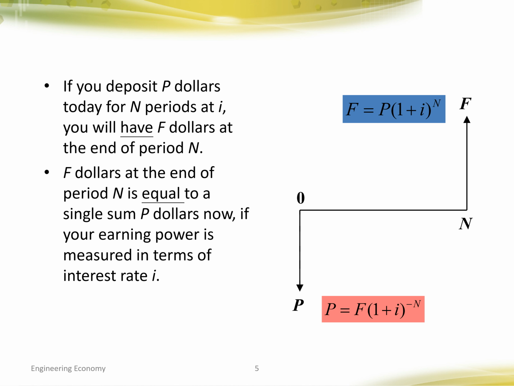So in order to analyze these equivalences, we need to use some notation so that we can communicate better. What we usually do is to have present value represented by P, future value represented by F, and here we have two equivalent values.